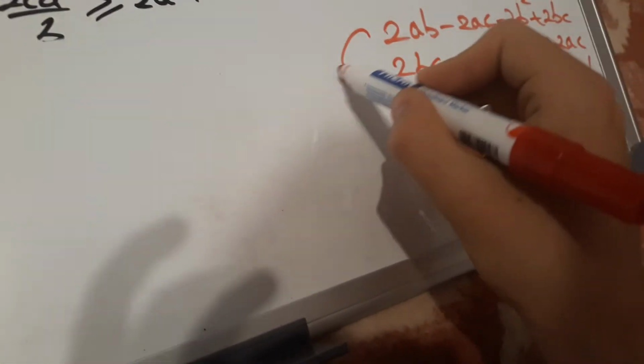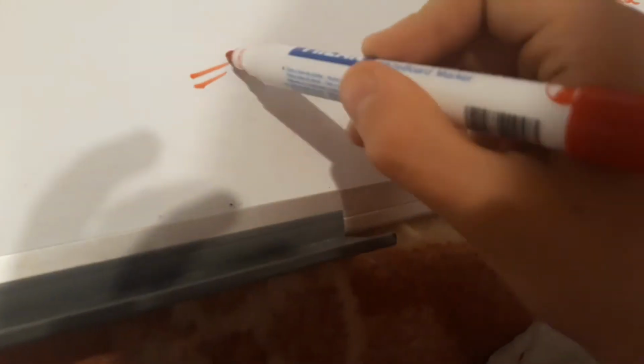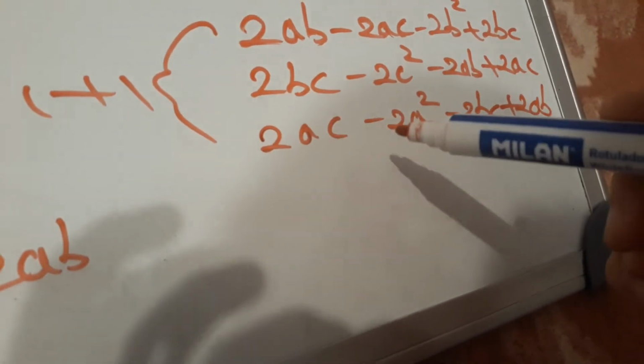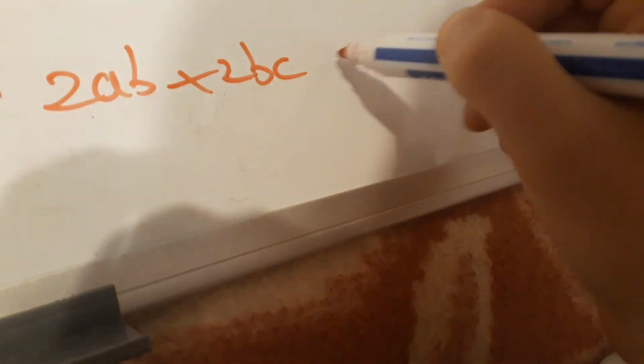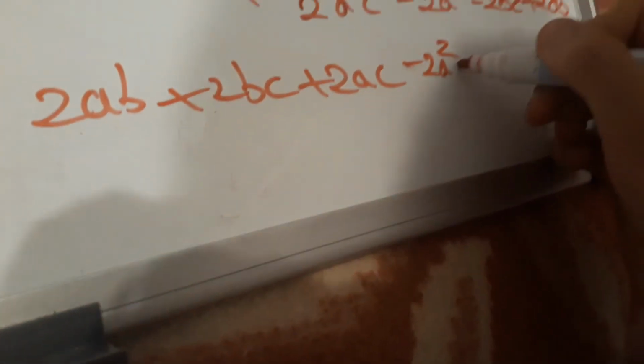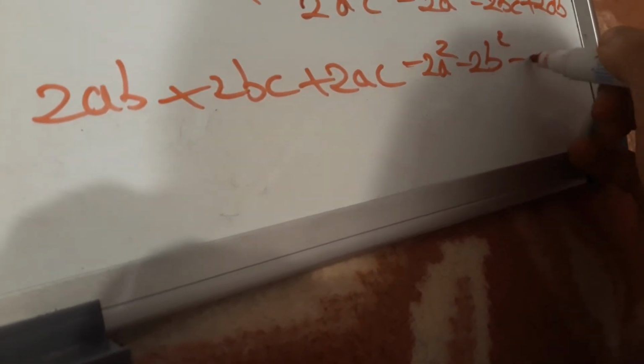And now if we add them, we will need 2ab from here, minus 2ab plus 2ab is just 2ab, 2bc plus 2bc is 4bc, but minus 2bc is just plus 2bc, and then plus 2ac from here, as you can see, and then minus 2a squared minus 2b squared, and then minus 2c squared.